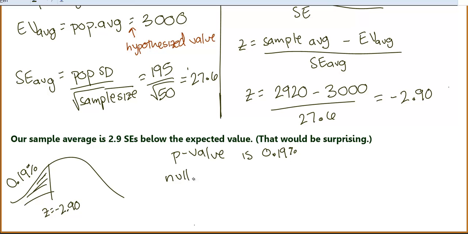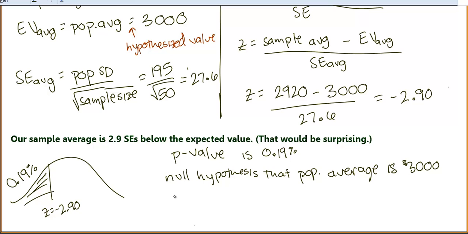This means that my null hypothesis that the population average is $3,000 does not seem plausible.